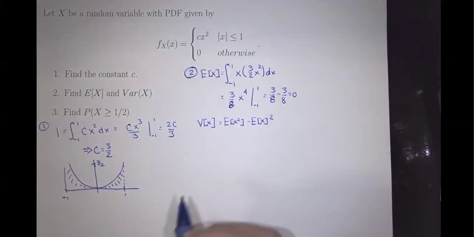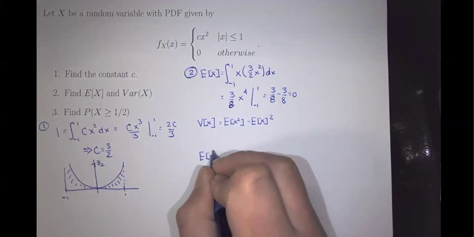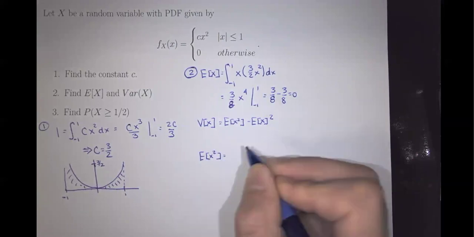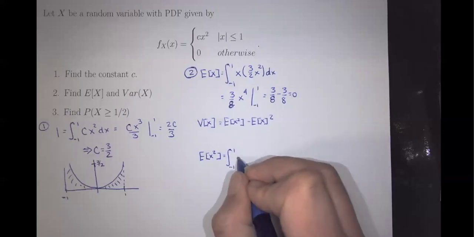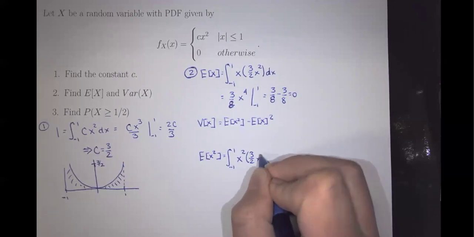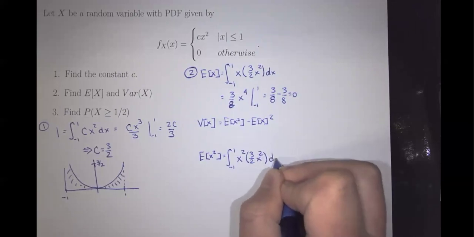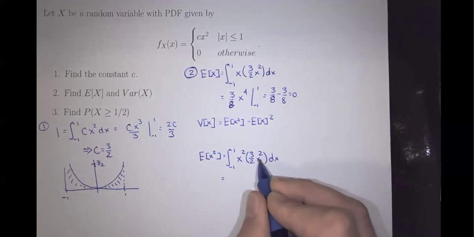So we need to figure out the expected value of x squared. So this is going to be the integral from -1 to 1 of x squared times 3/2 x squared. So x squared times x squared is x to the 4.